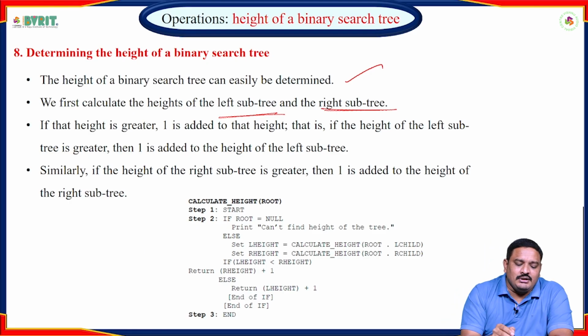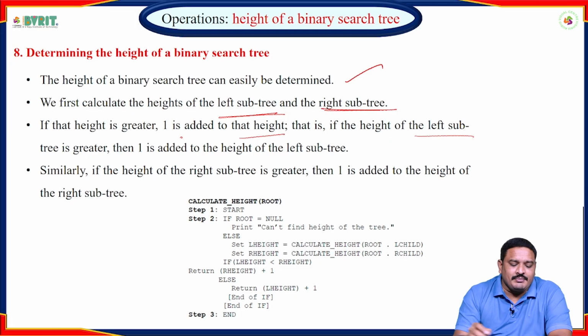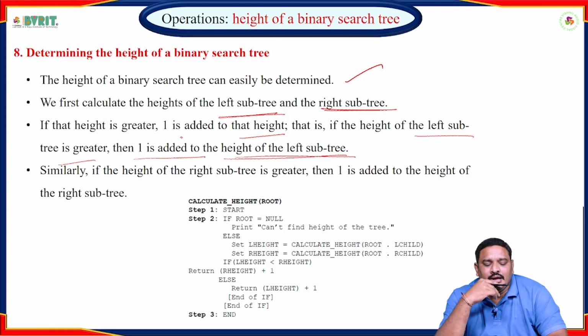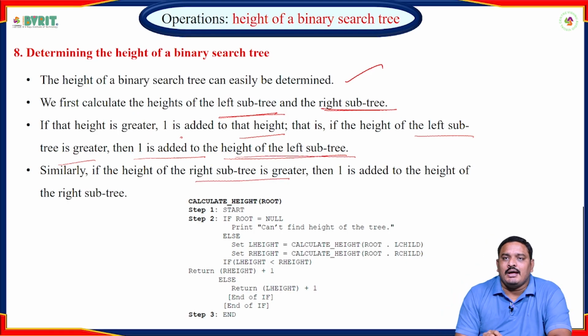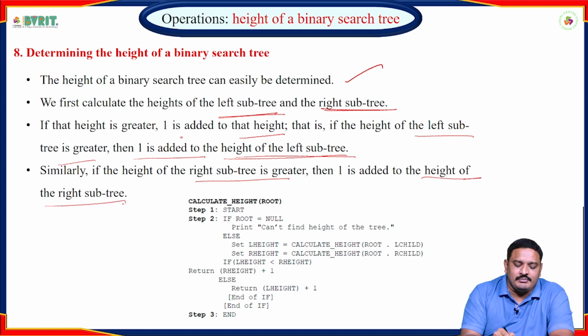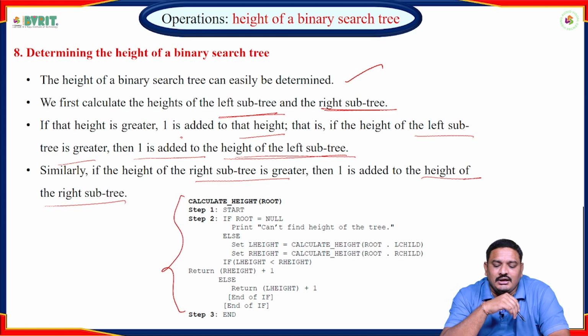If the height of the left subtree is greater, 1 is added to the height of the left subtree. Similarly, if the height of the right subtree is greater, we add 1 to the height of the right subtree. This is the algorithm for the height of the binary search tree.